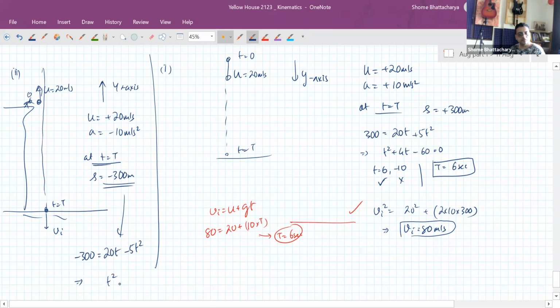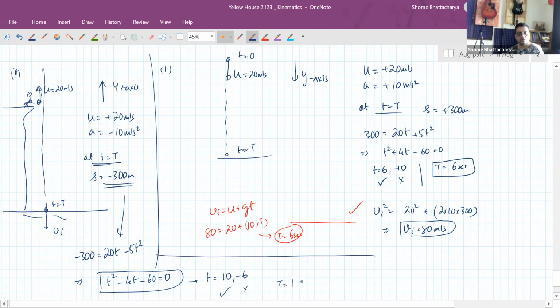So I have this equation, t square minus 4t minus 60 is equal to 0. So your roots of this equation will become 10 and minus 6. So the total time will be 10 seconds.